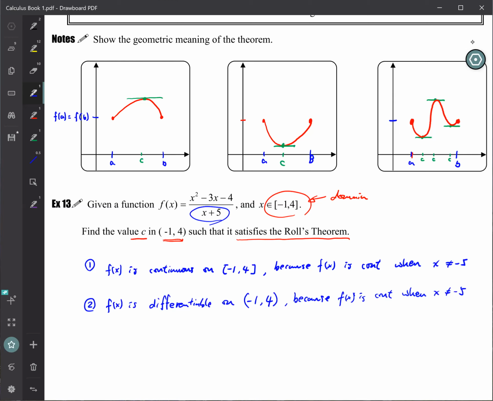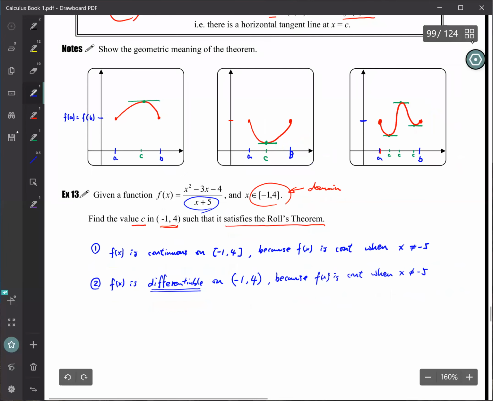So x equal to -5 is the only place that has a vertical tangent, because it's an asymptote. So you get a very steep vertical line, a tangent line that becomes very steep. So it's for the same reason. When you see the words continuous and differentiable, think about not differentiable and use those to think about why.